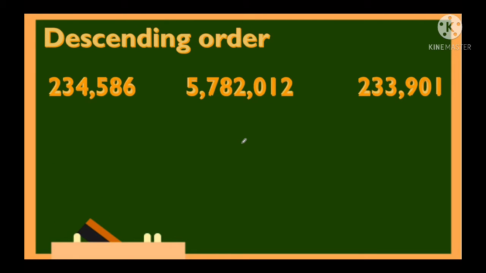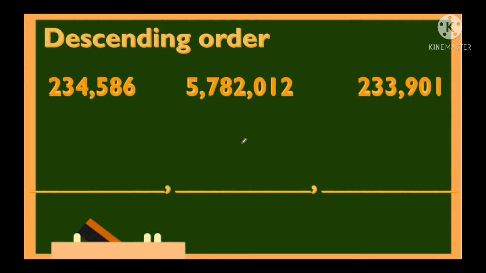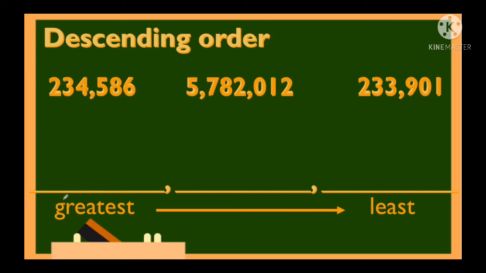Next, how about if we will arrange these numbers into a descending order? Of course, we need to put 3 blanks. Alright, remember, in descending order, we will start with the greatest number up to the least number. So we need to find out which of these 3 numbers is the greatest. Okay, let us do the first rule.